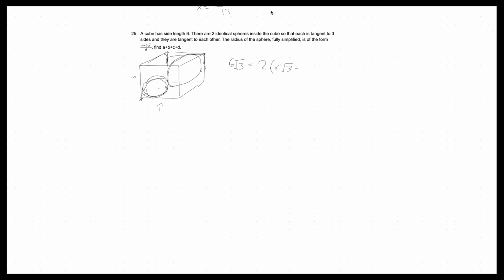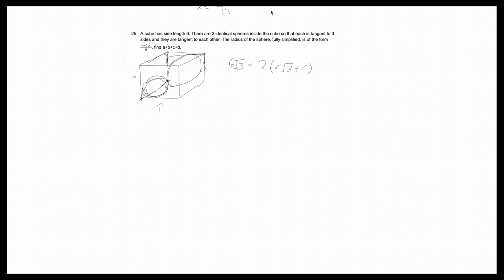Because if you consider the point where they meet, this length is r, and this length is r root 3. I don't think a cross-sectional diagram works, except if you're doing it space diagonally. Anyway, it doesn't really matter.